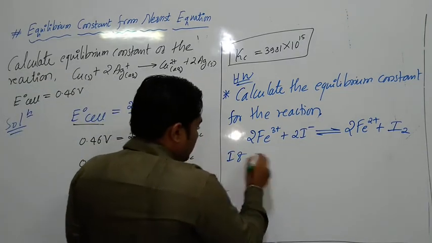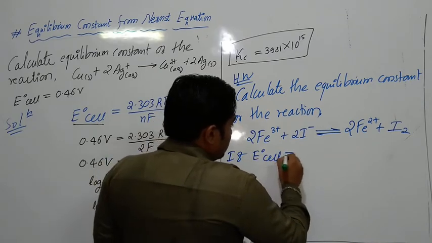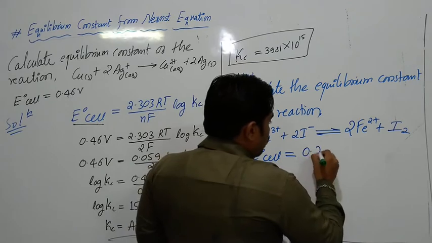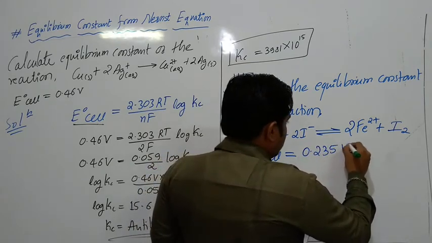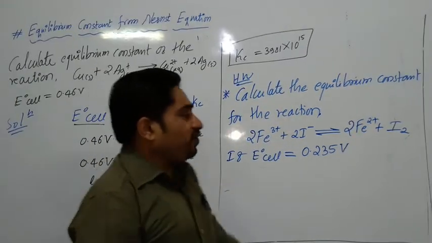They have given that E naught cell is equal to 0.235 volt. They have given the value of E naught cell. It is found to be 0.235 volt.